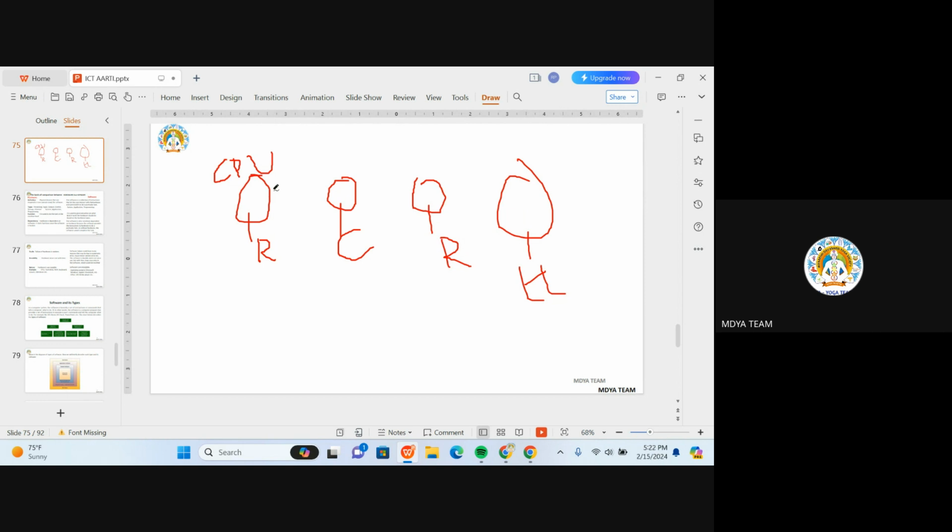Registers will give the command to the cache memory, cache memory gives the command to the RAM, and RAM will give the command to the hard disk. Who is giving this command? The operating system.